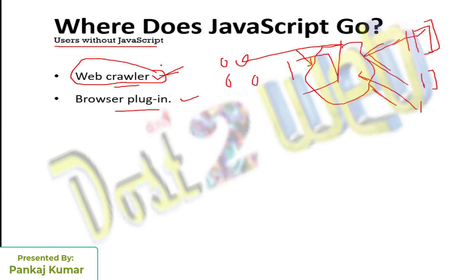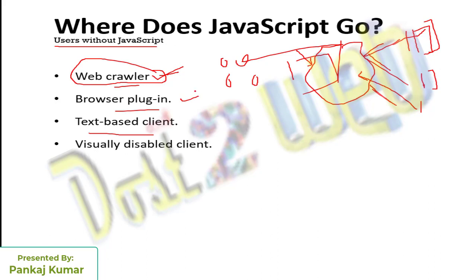That is how it helps with the web crawler. And browser plugins you are already using, like an ad blocker. If you want to remember the password, you can, and for that we use a plugin. Like that way you can use some text-based clients, some tools where JavaScript will be there. Then for visually disabled clients also it will be there.